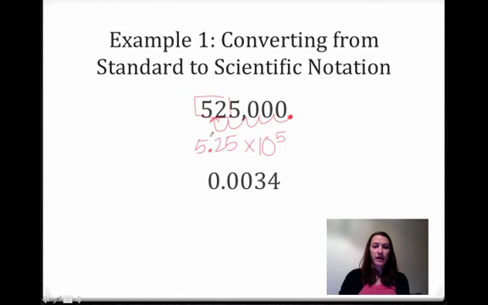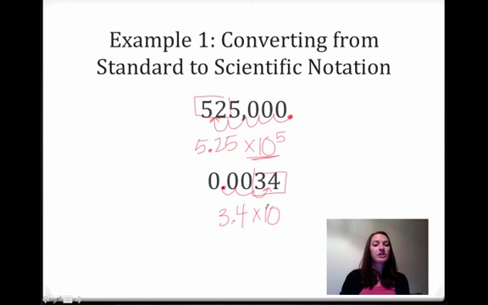So you're going to have a number between 1 and 10, and then your decimal places, and then how many places over you moved, okay? This is going to be your power, all right? Let's try our second one. So we're going to do the same thing, put our finger on our decimal point. We're going to move it over. 1, 2, 3. We're going to stop there between our first two real digits that are not 0. So we've got 3.4 times 10 to the, oh, and I forgot, so it's 1, 2, 3.